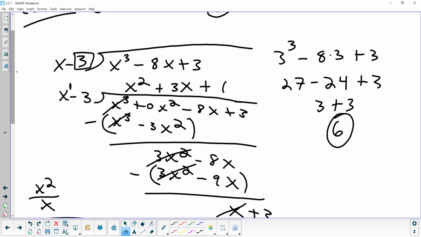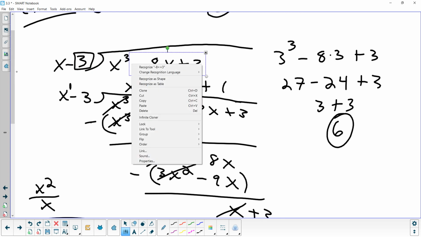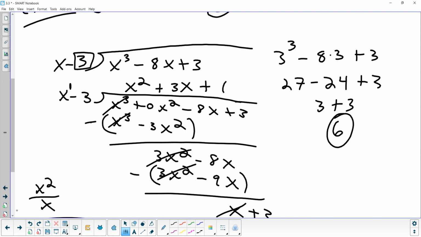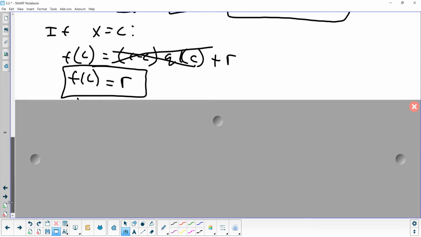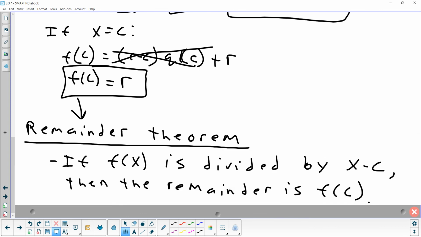It's a shortcut for finding the remainder. It doesn't help you to find the quotient, but it does help you find the remainder. Plug the number after the minus sign into your dividend and get the result. Let me go back to here. And that whole idea that I just explained to you is called the remainder theorem.